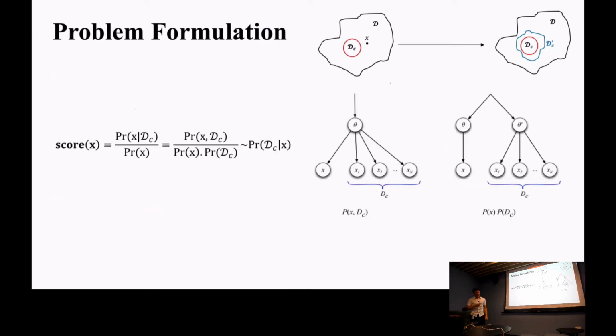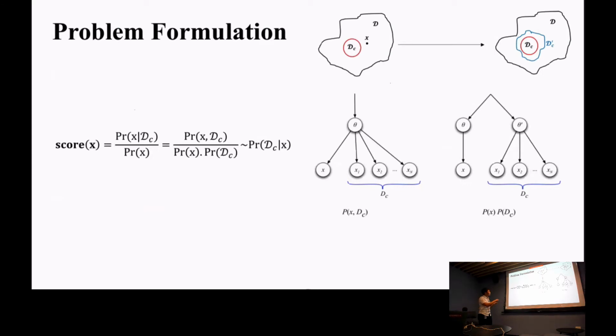So the intuition of this ratio is that it's measuring the difference between two hypotheses. The first hypothesis is that the item x and the query set D_C come from the same distribution with the same parameters. Another hypothesis is that they belong to two different concepts.